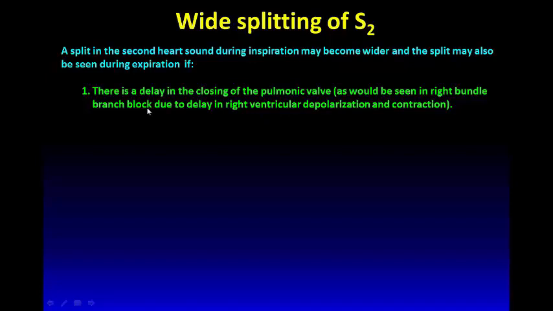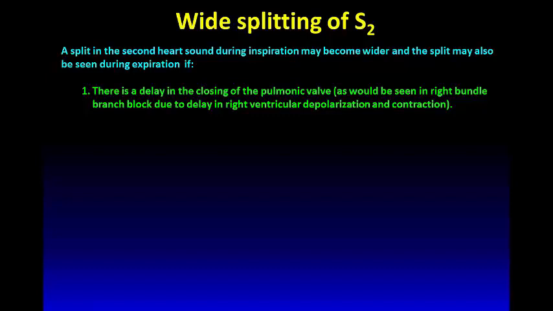So when there is right bundle branch block, the depolarization of the right ventricle will be delayed, and the subsequent contraction which follows depolarization of the right ventricle would be also delayed, and hence it would take even longer time for the pulmonary valve to close.